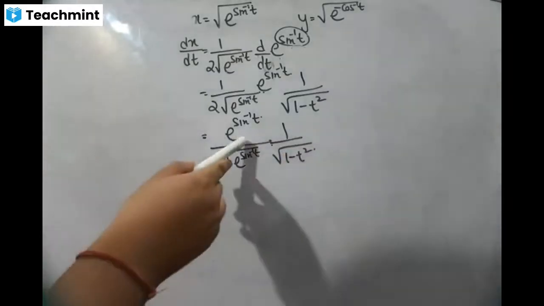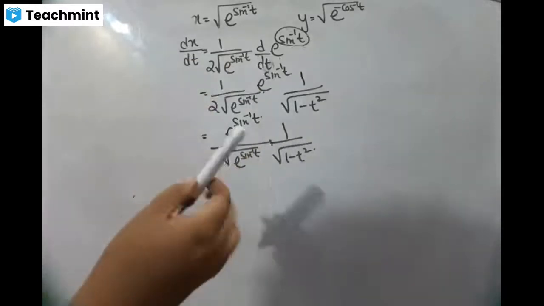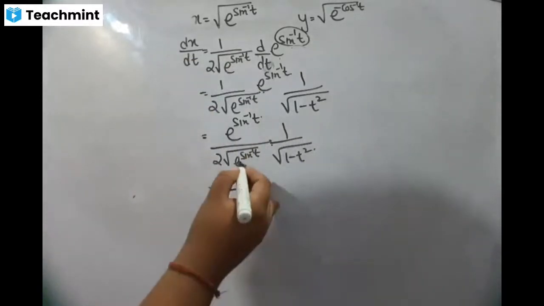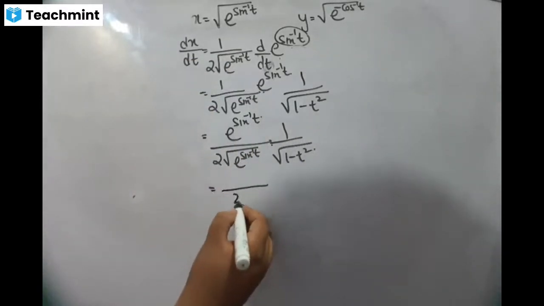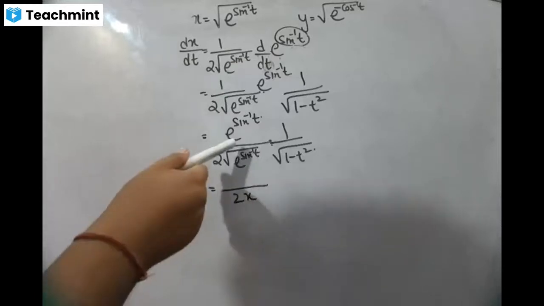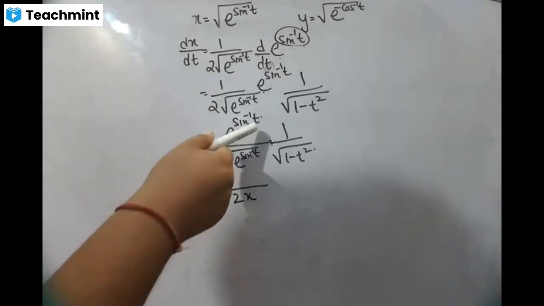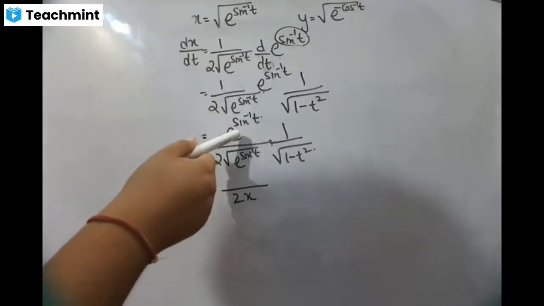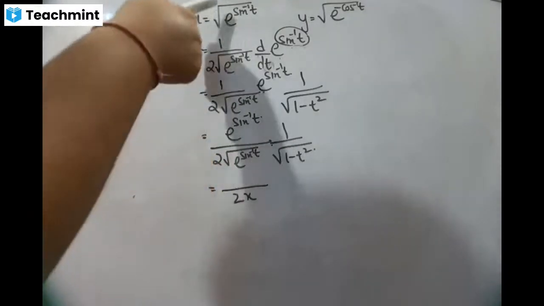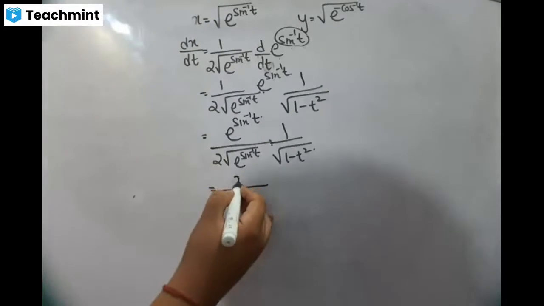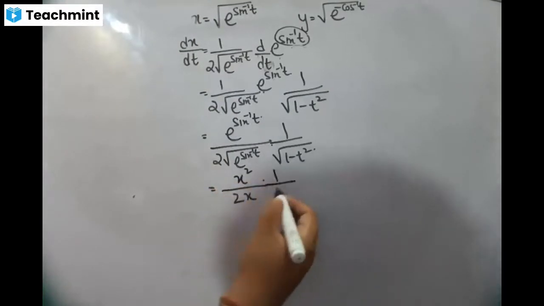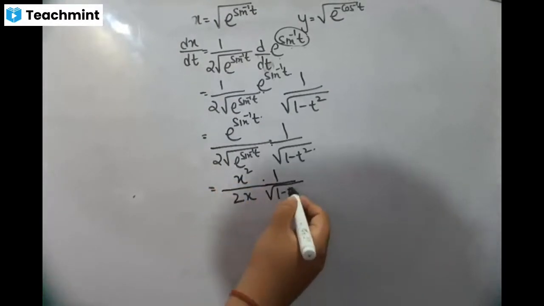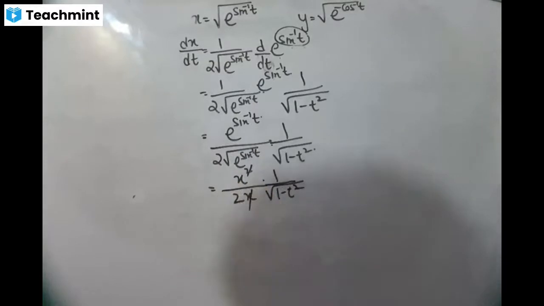The value of root e to the power sine inverse t is what? x. And the value of e to the power sine inverse t, when you remove the square root, because I need to find out the value of e to the power sine inverse t, so the root comes this side and becomes square. So you get x square divided by 1 by root 1 minus t square. So x and x gets cancelled.